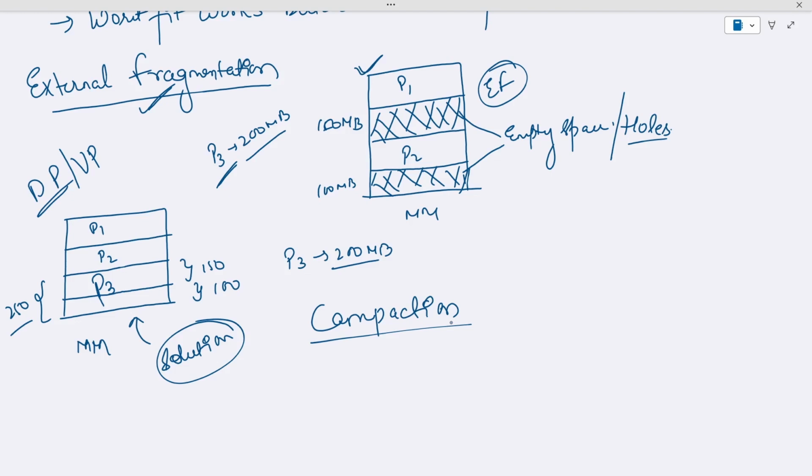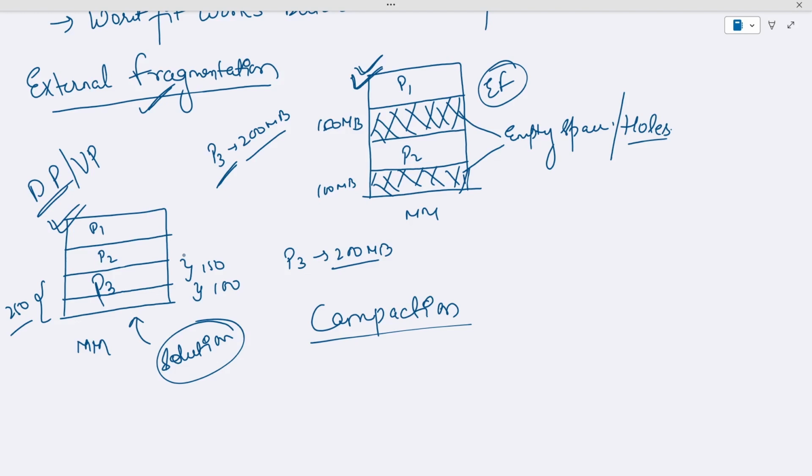The solution to external fragmentation is compaction, where we collect all the allocated processes side by side. This is the compaction problem, and the solution is moving the occupied space and unoccupied space side by side. I hope you understand external fragmentation, the compaction problem, and the solution of compaction as well.